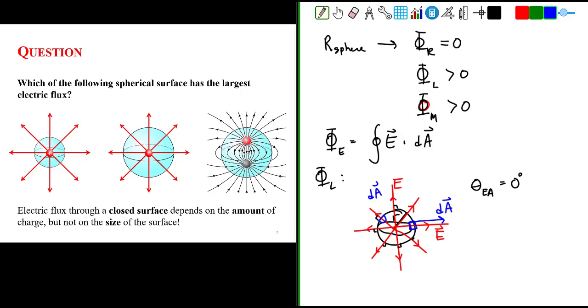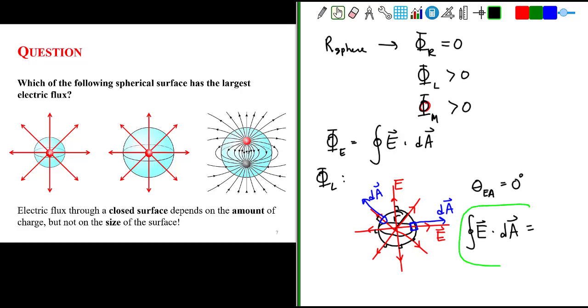Well, let's use this fact in calculating our integral. We have the integral over this closed surface of the electric field and area element. Let's go ahead and move this a little bit so we could have more space to write.